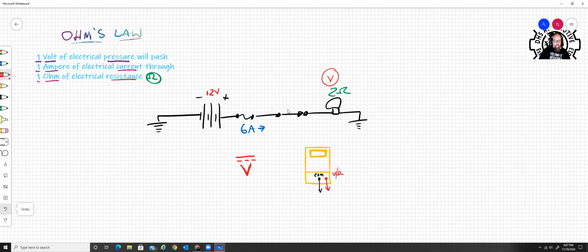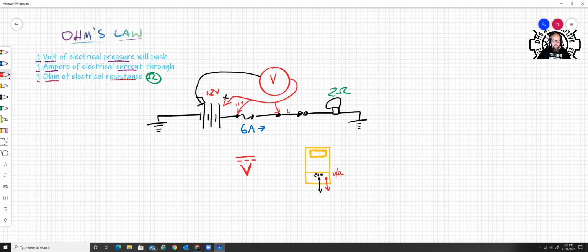Now, let's say you wanted to check how much voltage was available at a certain spot, okay? What you would do is you take one lead of your meter and you ground it, like the negative lead. You take the other lead and you could probe anywhere you wanted in the circuit. If you probed at the battery, you would find 12 volts. If you probed at the fuse, you'd find 12 volts.